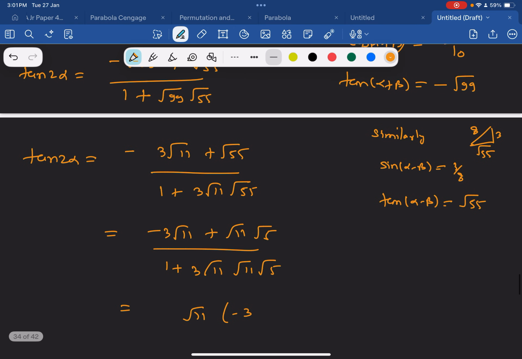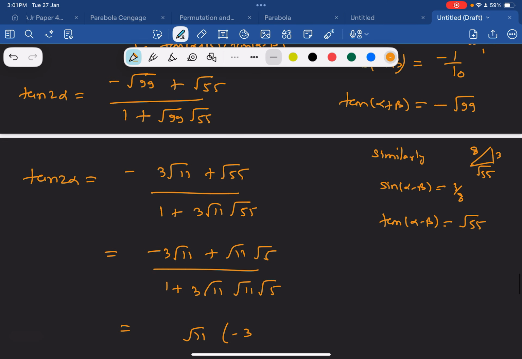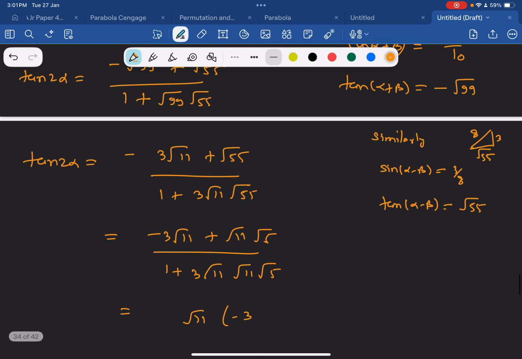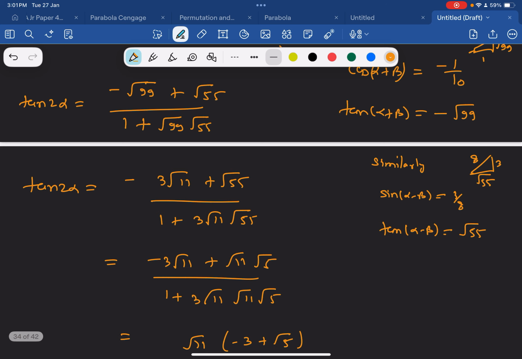So if you see that here we are going to have some calculation mistake somewhere. Here we can write 3 root 11, perfect, and then this one, so minus 3 plus root 5 we are going to have now. That is not right, so root 99 plus root 55 upon 1 plus 3.